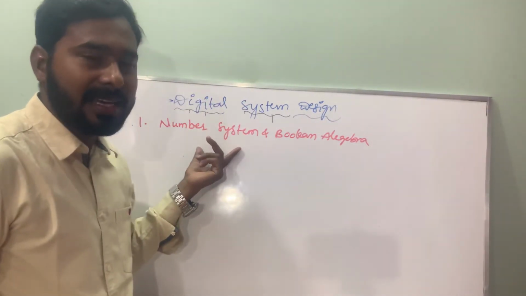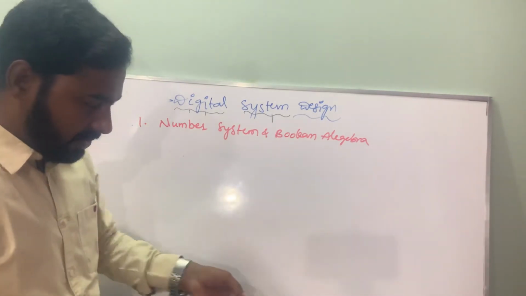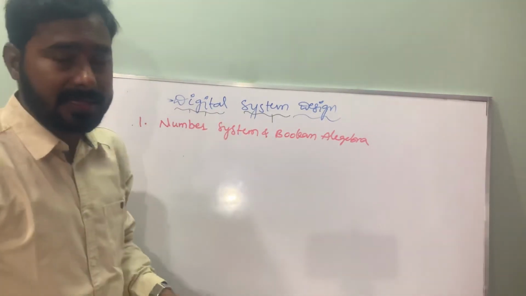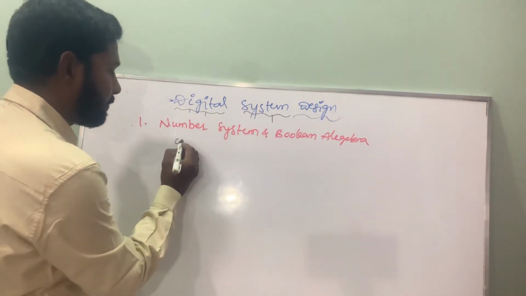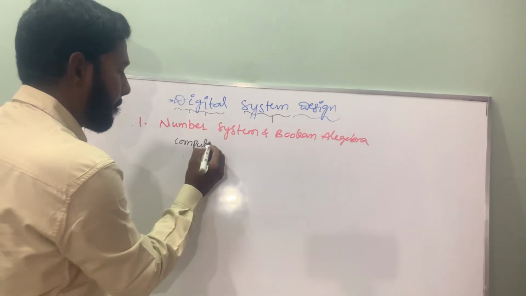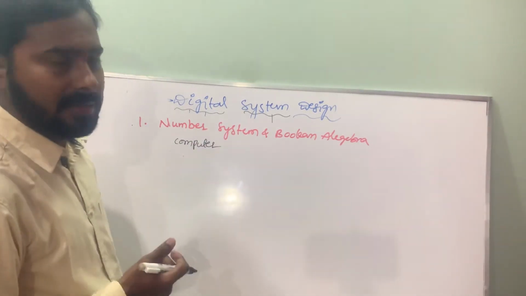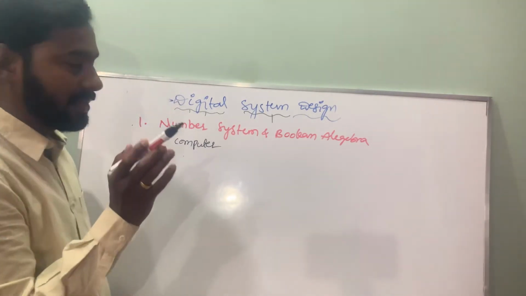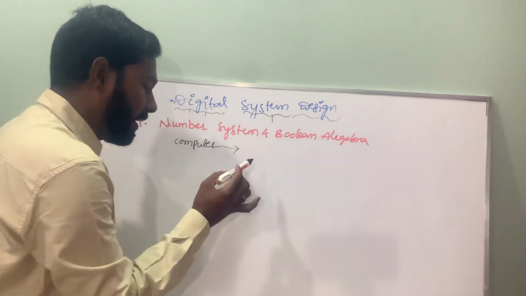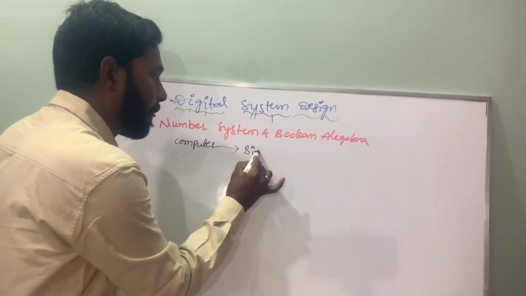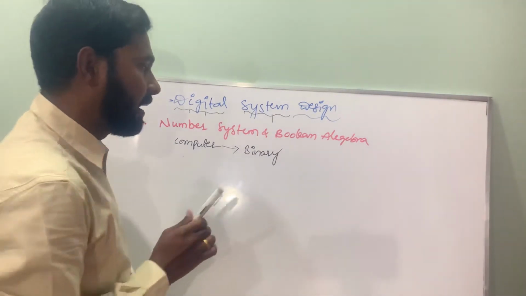What is the use of the number system and of Boolean algebra in a digital system? For example, a computer is an electronic device that performs some tasks. It is a digital equipment, and the computer can understand only binary language.